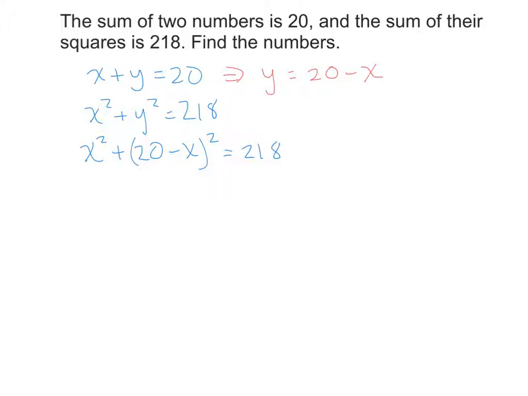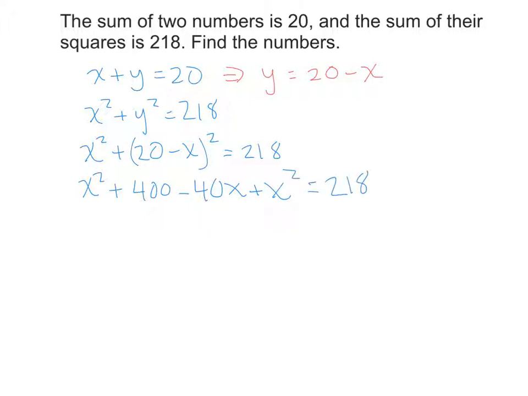In order to do this, we're going to need to FOIL out that 20 minus x quantity squared term, and then collect things, rearrange, and get everything ready to factor, and do our best to factor it. So this, of course, is going to be x squared plus 400, which is 20 squared, minus 40x, you can verify that for yourself, plus x squared equals 218.